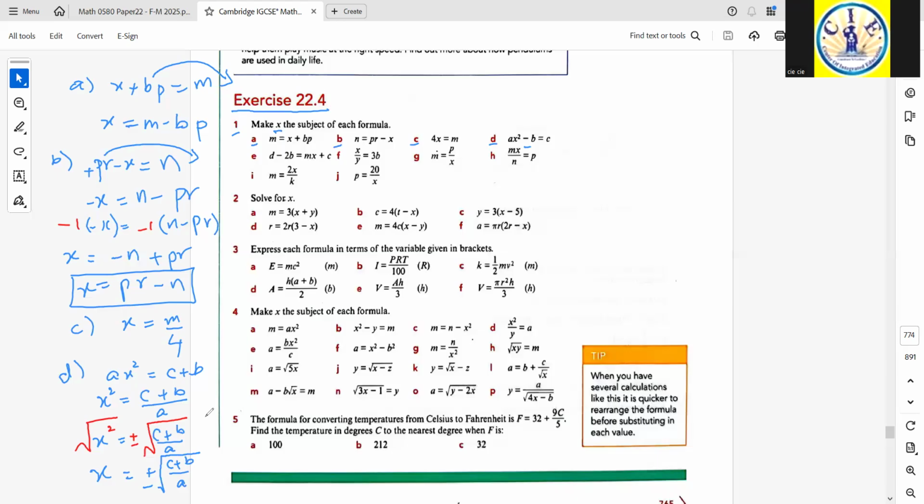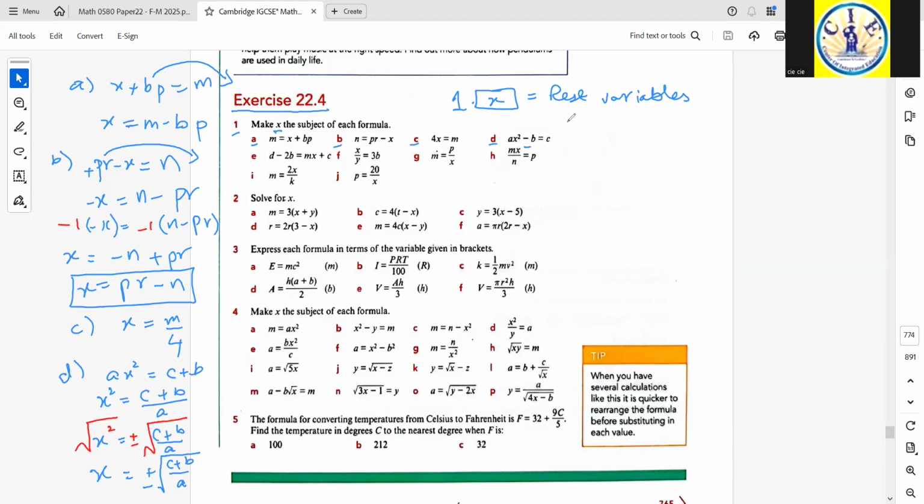So making X the subject, or any particular variable the subject, is actually to write down that variable on the left hand side with coefficient 1, while all other variables are written on the other side. So this means that variable has been made the subject. In this case, it is X.